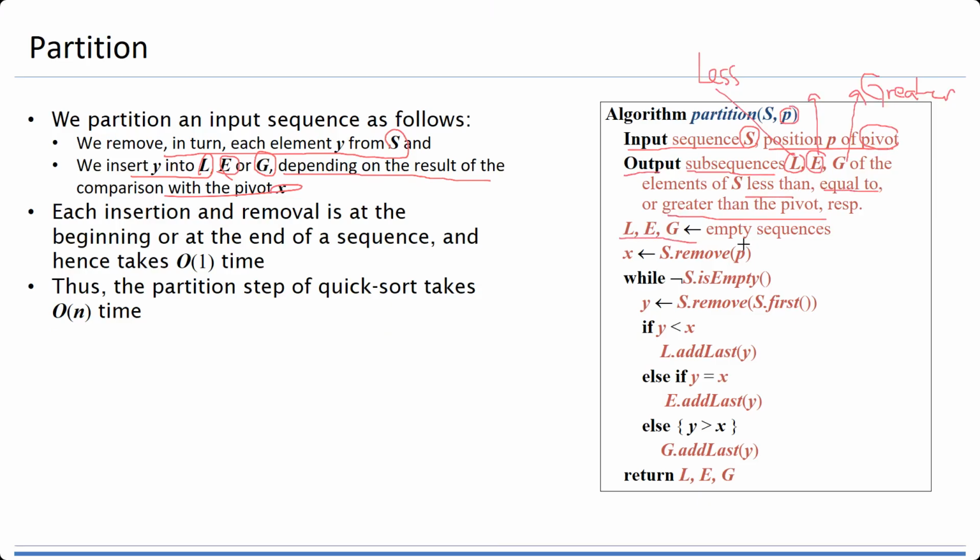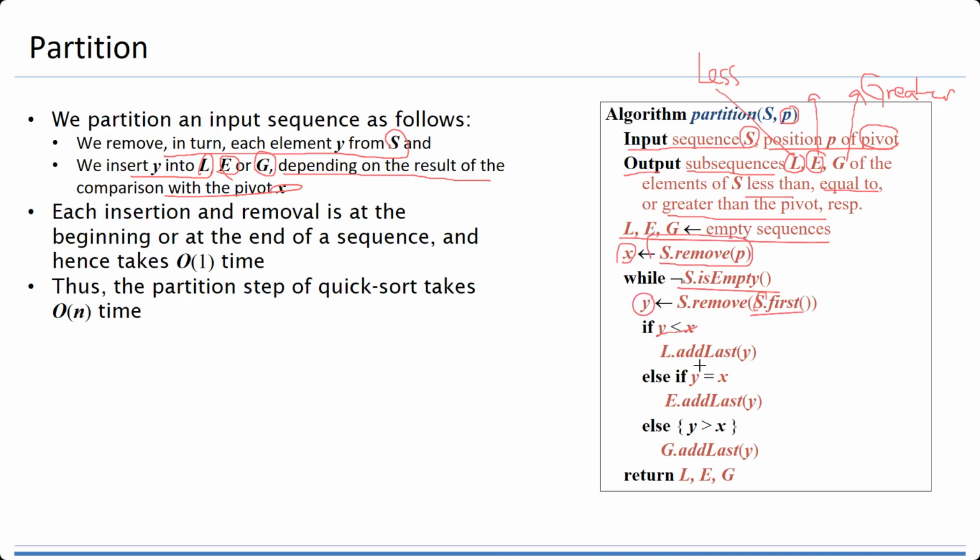So let L, E, and G be empty sequences, and let x be the element at p. And then while S is not empty, remove the first element of S and put it in y.